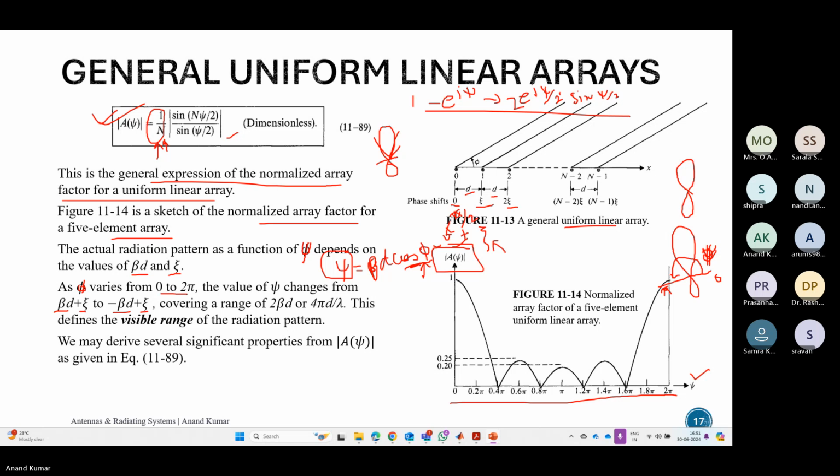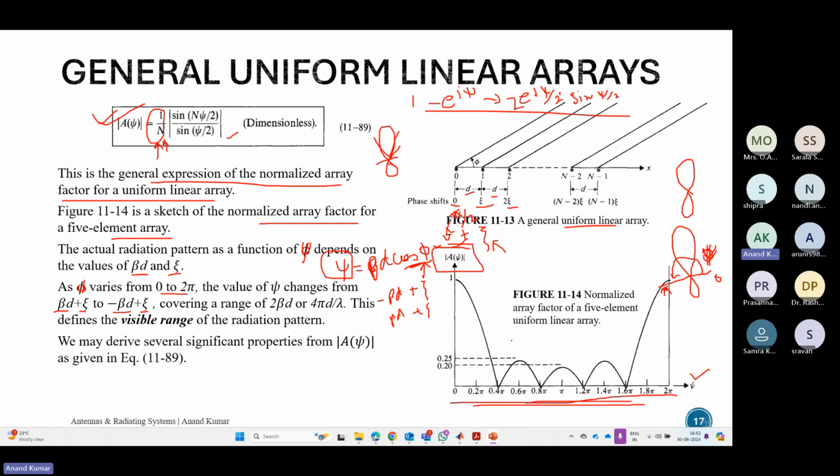Okay. So for theta equal to pi by 2, as phi varies, and based on that, we can plot this figure over here.